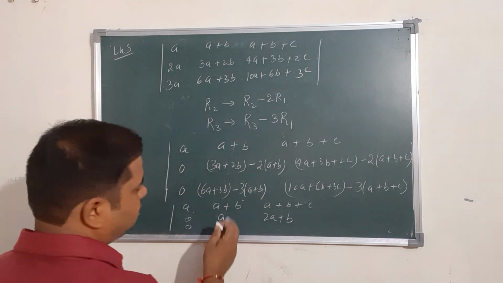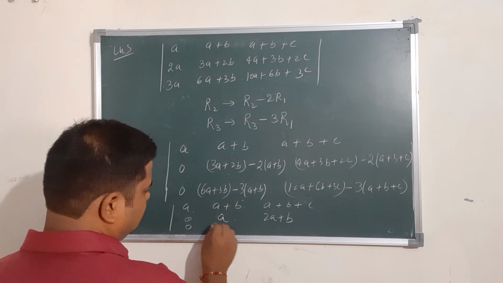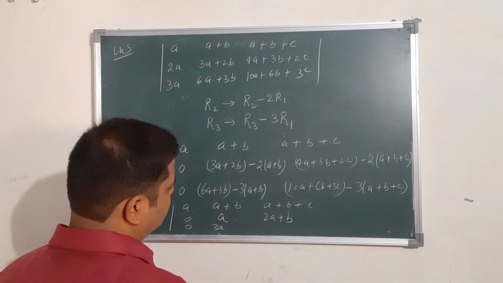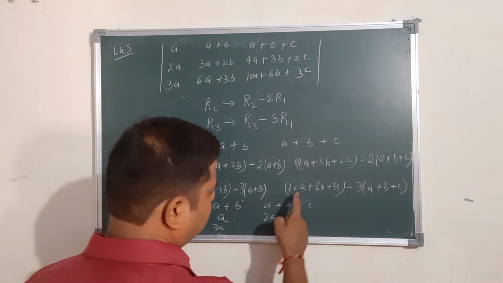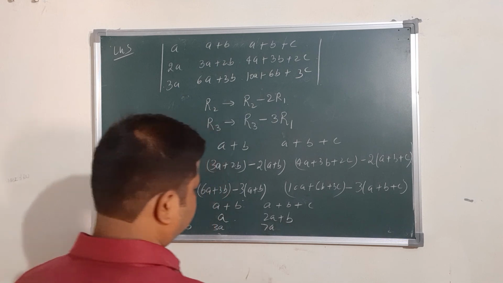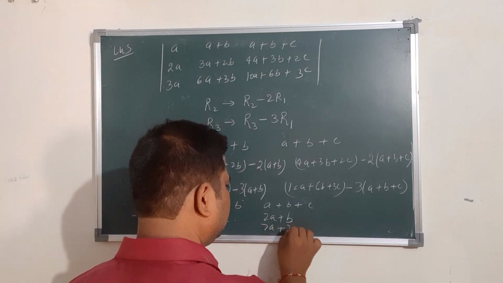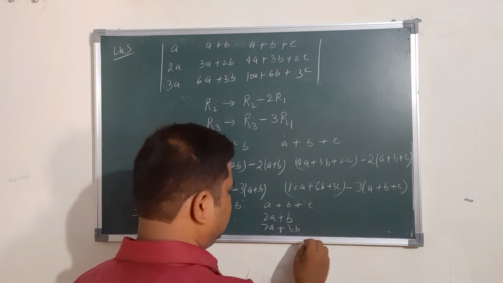Again the last row: 3A, 0, 6A minus 3A, 3A, 3B, 0, and 10A minus 3A, 7A, 6B minus 3B, 3B, and 3C minus 3C, 0.